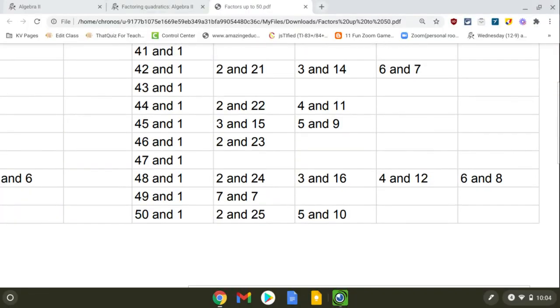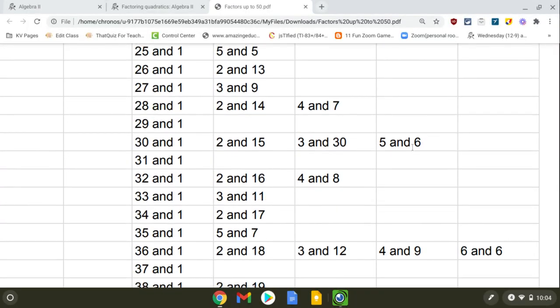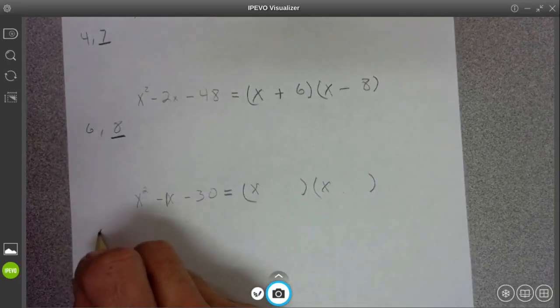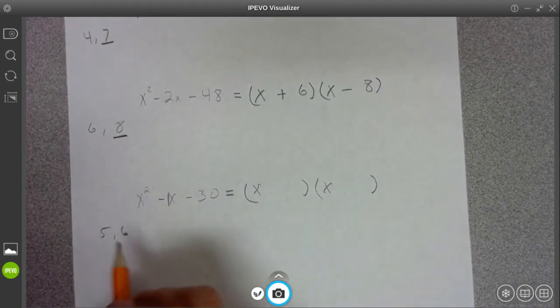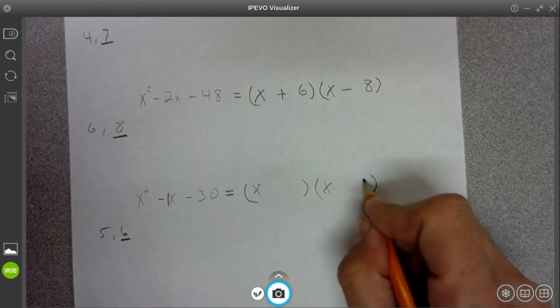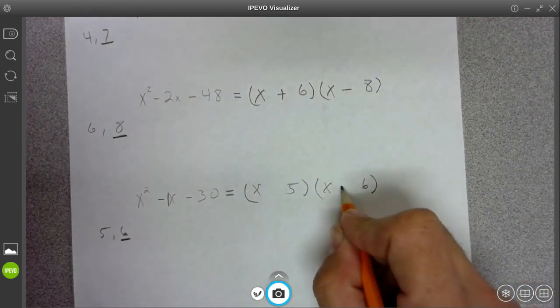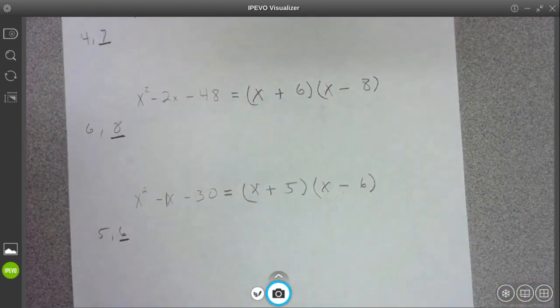So for 30, it's going to be 5 and 6. Wait, I think it's supposed to be a 10 right there. Yeah, it's supposed to be a 3 and a 10. Maybe I'll correct that before I put it out. 5 and 6 subtract to give you 1. So those are our numbers, but the bigger number needs to be negative. So the 6 needs to be negative and the 5 positive.